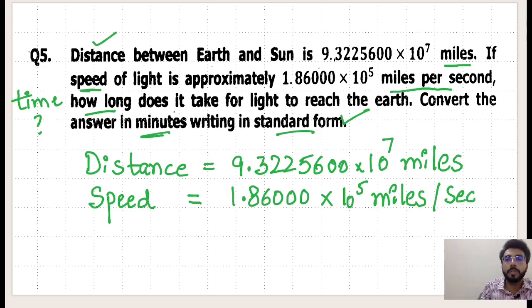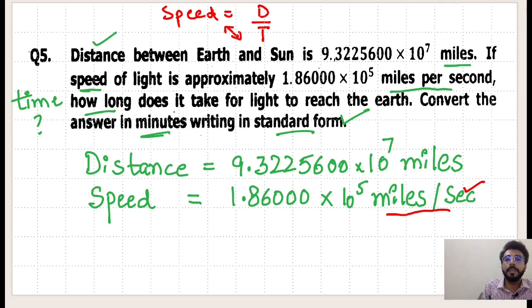Students, you have to need focus here. The speed is given in unit miles per second, in seconds. So first of all, we'll find the answer in seconds, then convert this second into minutes at last. So as you know the formula of speed, speed equal to distance over time.